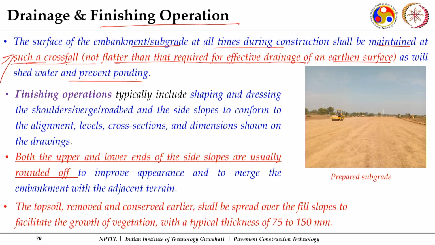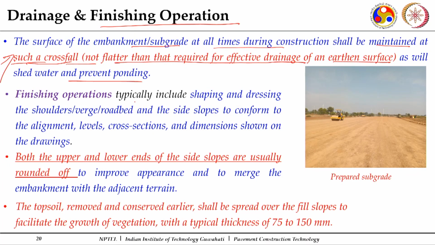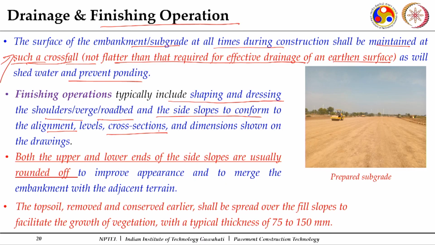Finishing operations: once we have done this, the slopes of the subgrade and embankment have to be done. The finishing operations typically involve shaping and dressing of the shoulders, earthen shoulders, verge, road bed and the side slopes to conform to the alignments. As we have mentioned, we need to ensure the side slopes are to the required levels and as per the cross sections shown on the drawings.